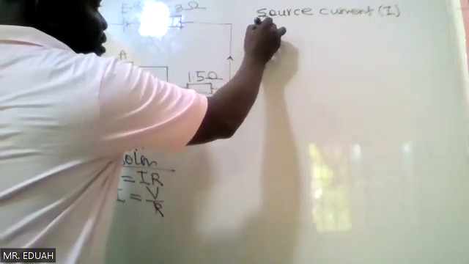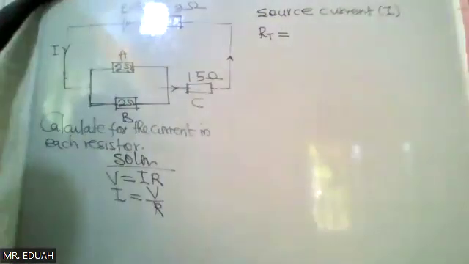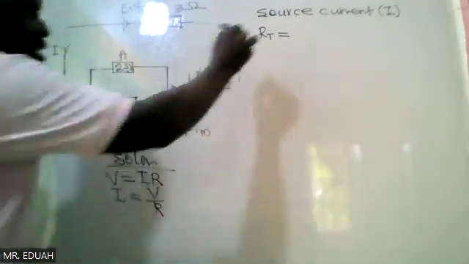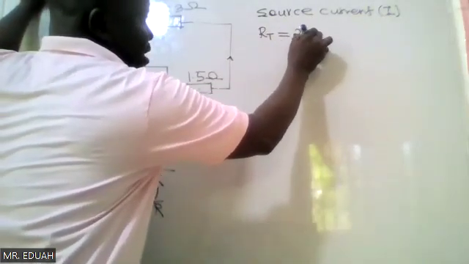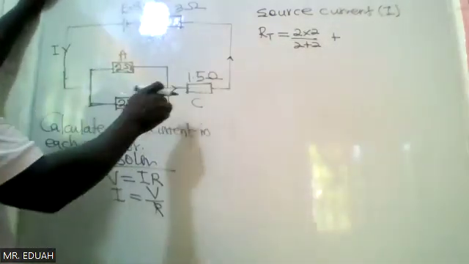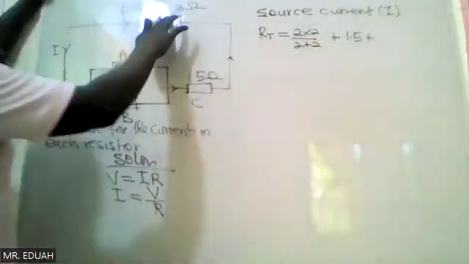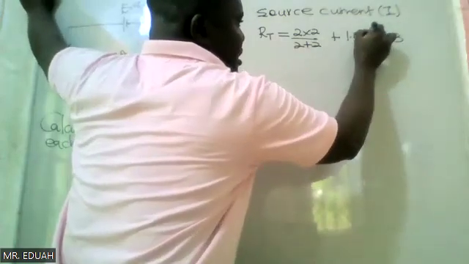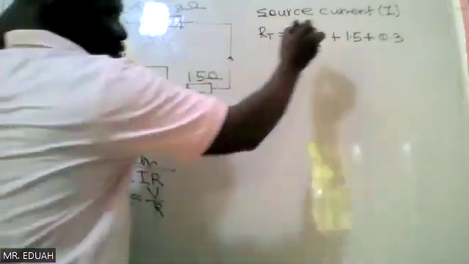So RT is equal to this parallel resistance, 2 times 2 over 2 plus 2, plus, in series with it, 1.5, plus the internal resistance 0.3. This will give us the total resistance within the circuit.